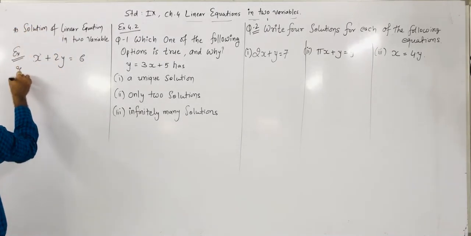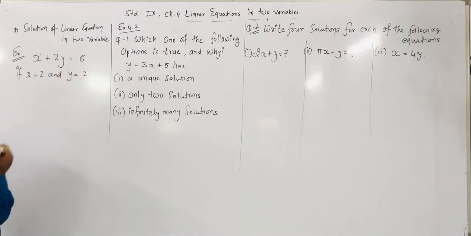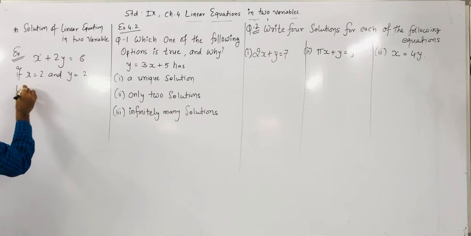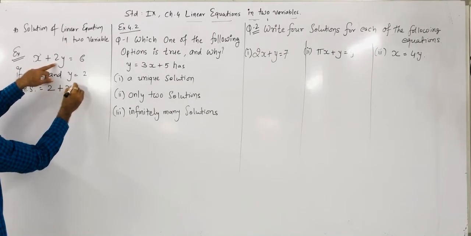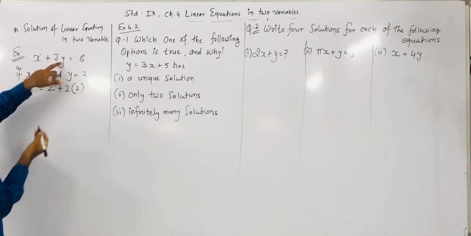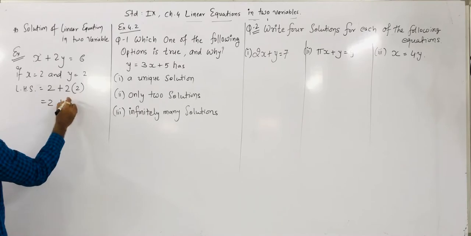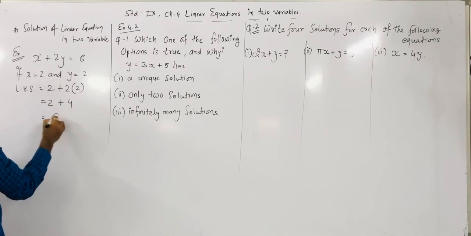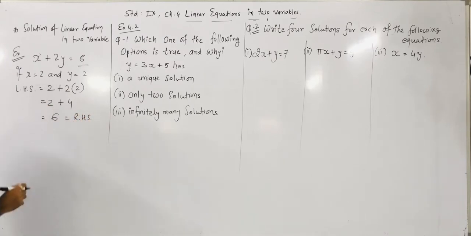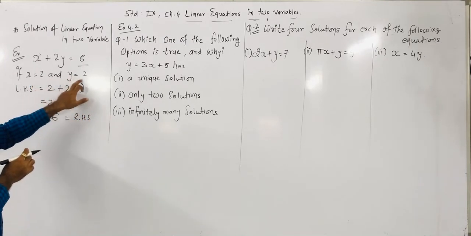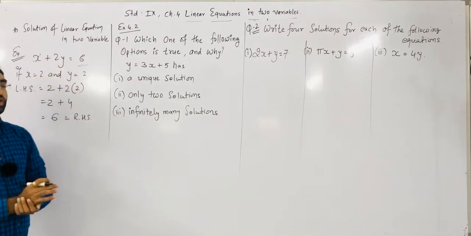Suppose I take x = 2 and y = 2. So the left hand side of the equation: I put x value 2 plus 2 into y value, in place of y I put 2. So 2 into 2 is 4, so 2 plus 4 is equal to 6, which is our right hand side of the equation. So we can say x = 2 and y = 2 is the solution of the given linear equation in two variables.